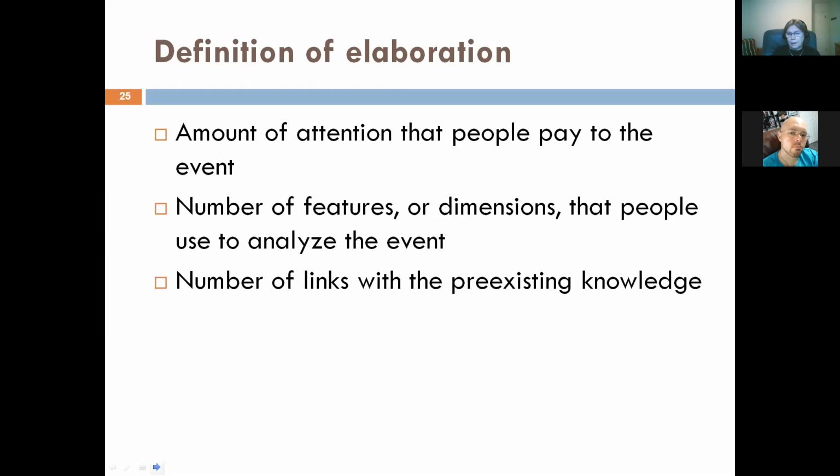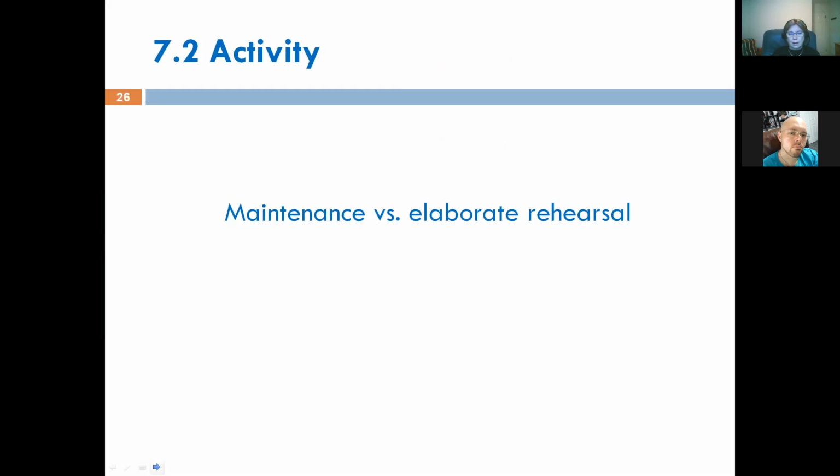Maybe it is the number of links to the pre-existing knowledge, if you have a bunch of schemas that you can use. And to practice and have a look at why maintenance rehearsal is different from elaborate rehearsal, you can do the activity on the blackboard.